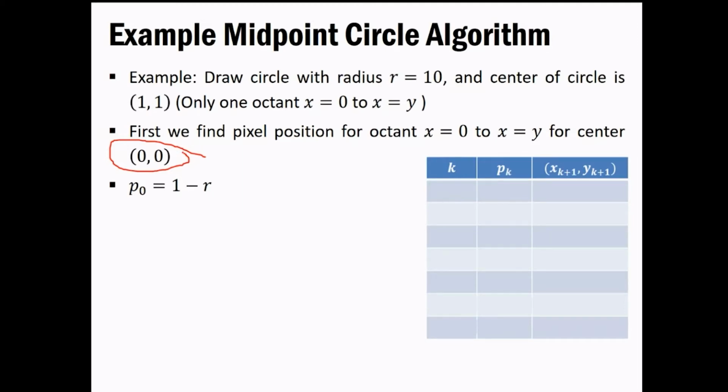It is equal to 1 minus r. Yesterday the parameter was 5/4 minus r, and we took the approximate value of 5/4, that is equal to 1. So we will write it as 1 minus r over here.